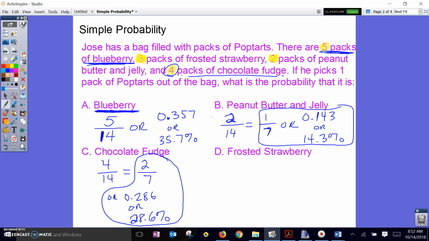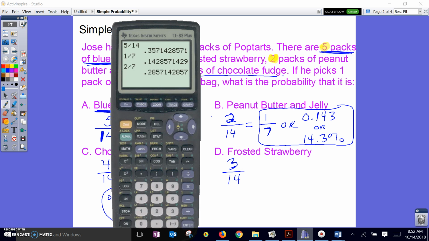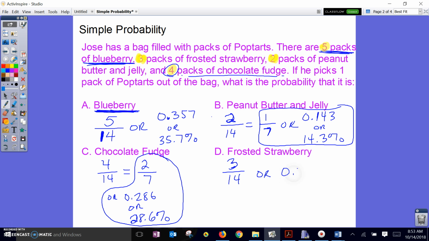And then frosted strawberry, there are 3 frosted strawberries, so the probability of getting a frosted strawberry is 3 out of 14, which again I can represent as a decimal or a percent if I want to.